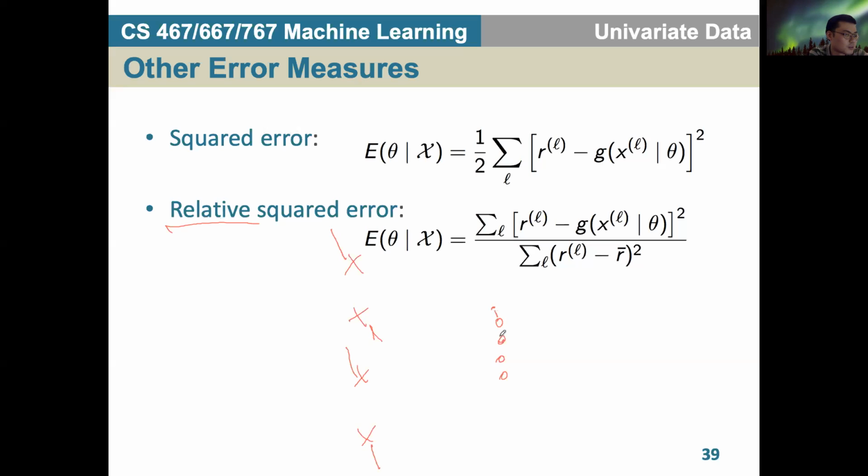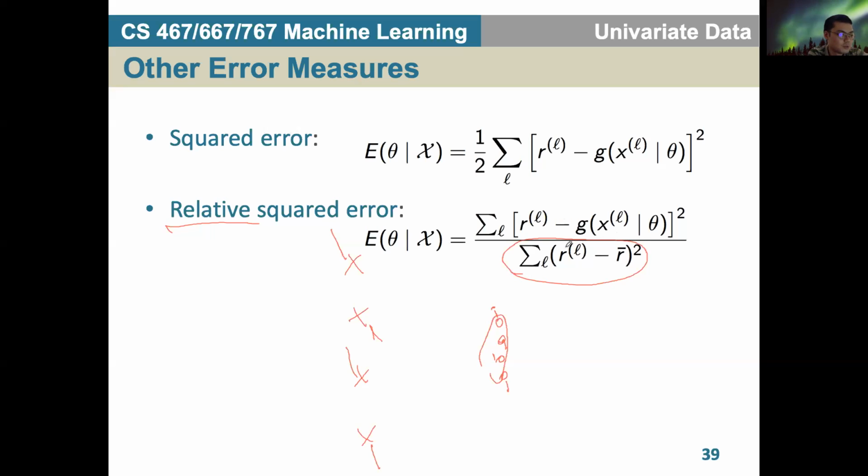You have a little bit smaller difference here, but proportionally, they are having the same error. It's just the absolute value difference, so you want to normalize it. But how to do that? You take your y values, your r values, and you compute their sample variance.